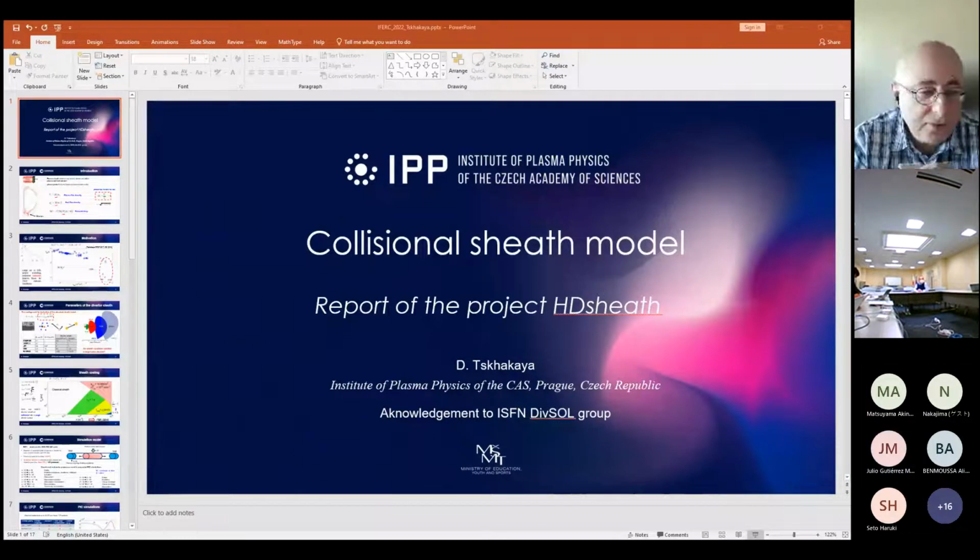Most of you probably know that there is a very narrow layer of plasma which forms in any plasma device in front of the wall. This is especially important for fusion devices, where this layer governs plasma flux and heat loads, and is also very important for measurements because it defines the potential drop between the plasma and the wall.